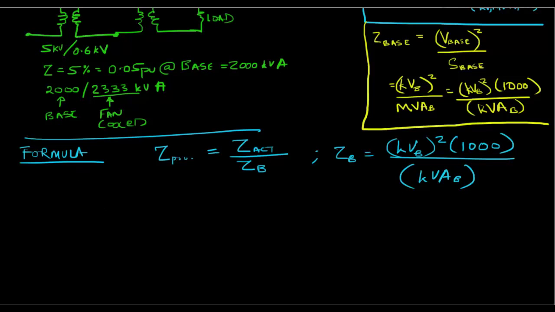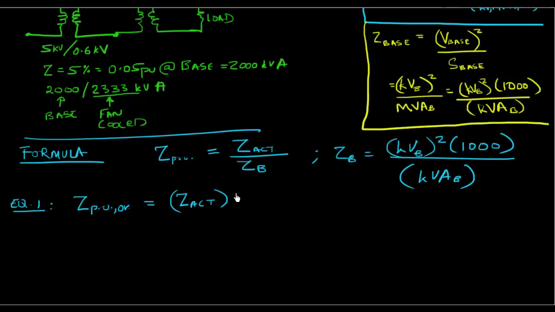Let us then write our equation 1. Let's define Z per unit, let's call it the original value, so OR for the original value, which is given to us here. But let's just write down what the formula for that would be. So that is Z actual over Z base, and we're just going to substitute Z base here. So that becomes Z actual.